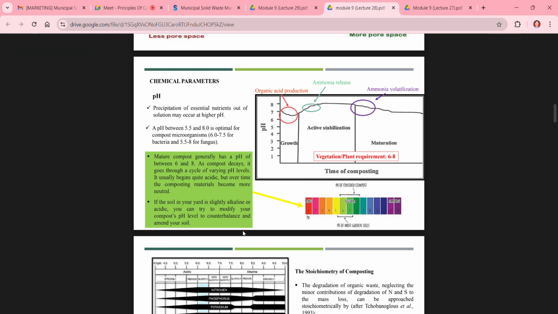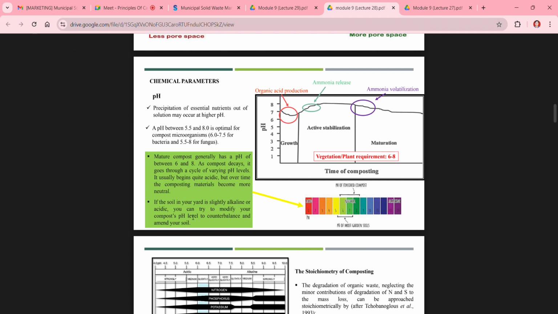Then coming to the chemical parameters, the first chemical parameter is pH value. Precipitation of essential nutrients out of solution may occur at higher pH. If we go for a basic pH value of the compost material and mix it with the soil, the pH of the soil is going to increase, and due to that increase, the essential nutrients will get precipitated from the solution.